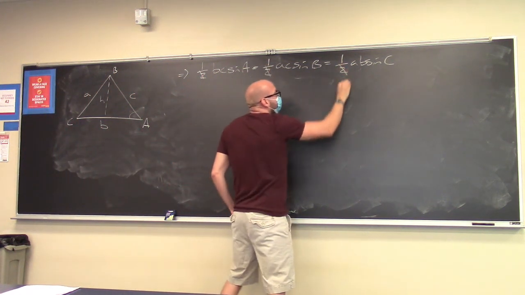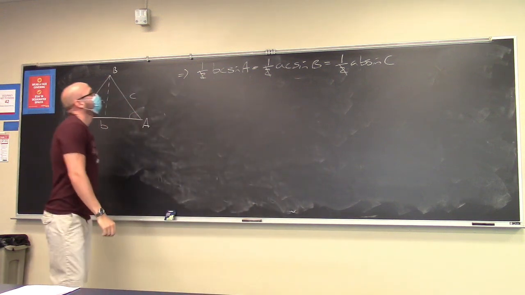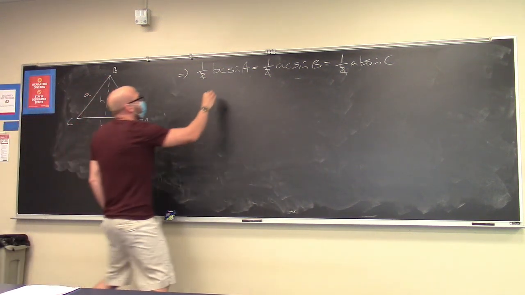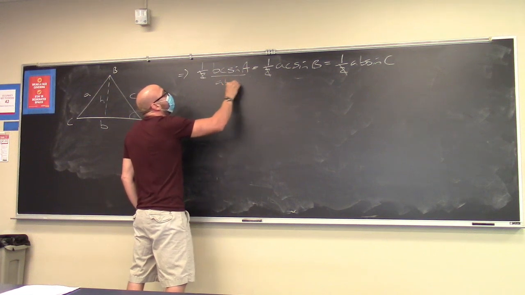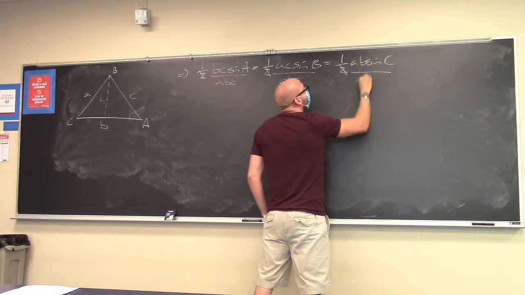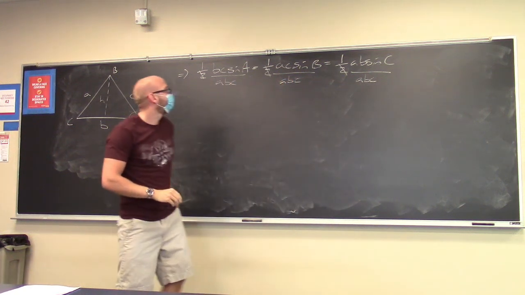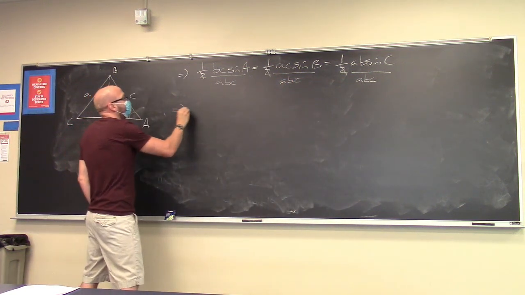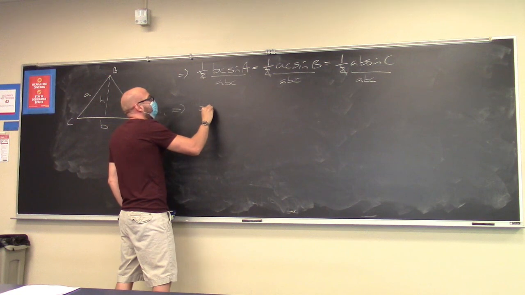Multiply everything by 2, and divide everything by ABC. Right, and then we've got the famous law of sines.